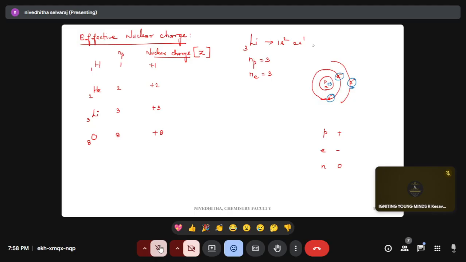And 3 electrons are present in the shells: 2 electrons in the first shell and 1 electron in the second shell. What I want to know is whether all the 3 electrons will experience the same attractive force from the nucleus or a different attractive force. If it is different, which will be experiencing less nuclear charge or less attractive force?